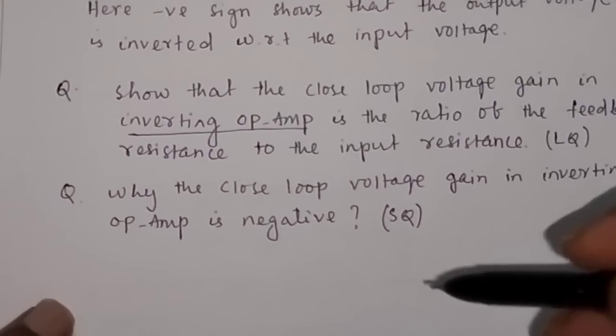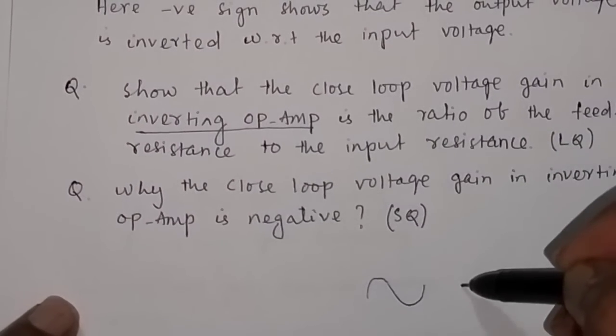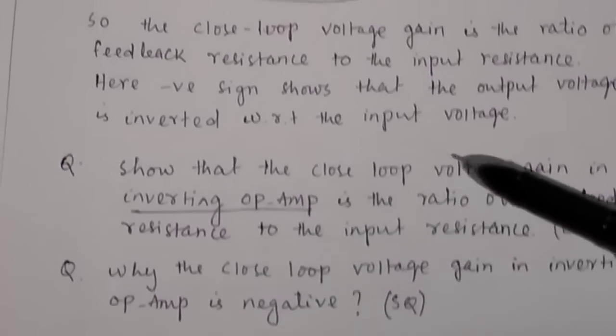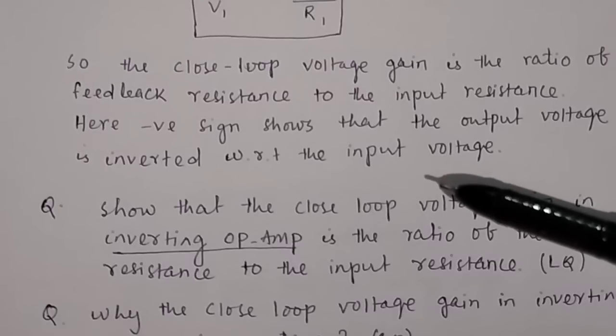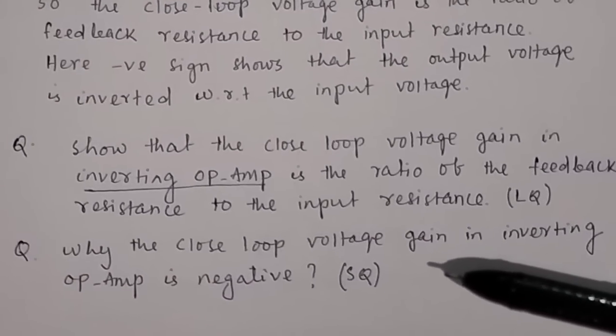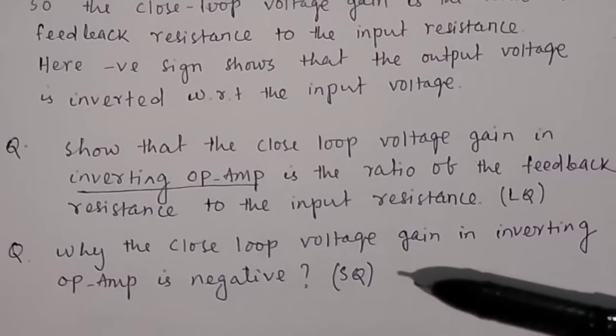That means if you have an input voltage like this, then the output voltage will be like this. It will be inverted. So I have written here, since the output voltage is inverted with respect to the input voltage, that is why the closed loop voltage gain of the inverting operational amplifier is negative.